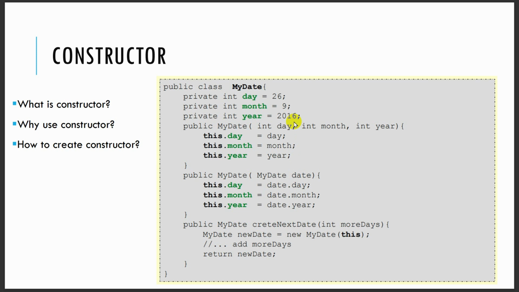That's why we use a constructor, so that you don't need to call a set function later after you create an object. While creating an object, you can pass the value directly. And how we can create a constructor is very simple. Make the name of the constructor the same as the class name, with no return type, and you can provide parameters as you like: no parameter, 1 parameter, 2 or 3, and so forth. They are overloaded, with the same name.